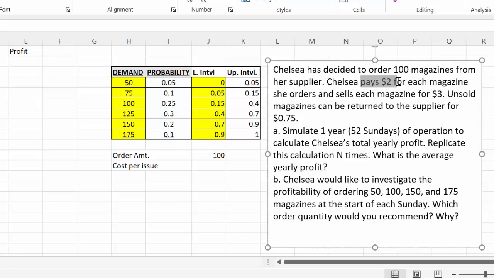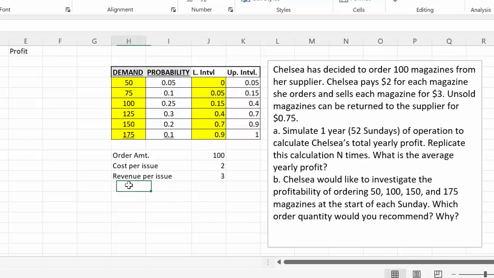We've got the $2 right here. $2 per issue is what she's paying the supplier, so we can put that in as $2. And the revenue per issue, as you can see here, is $3.